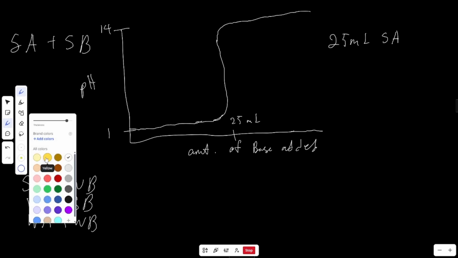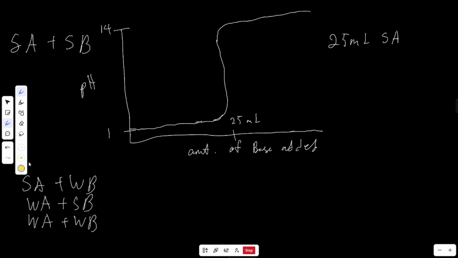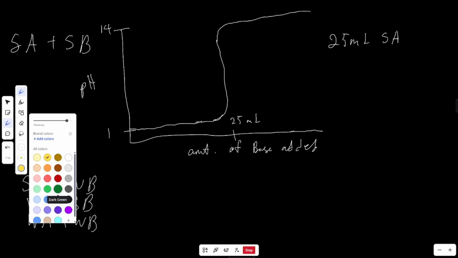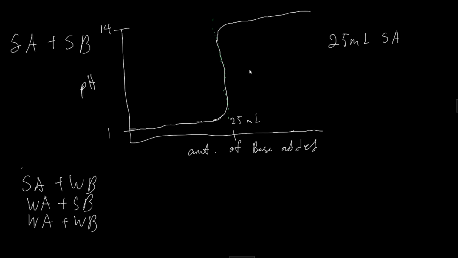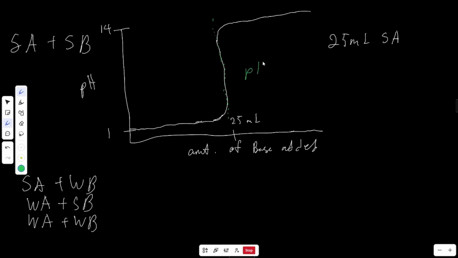Now, what's the logic behind this? In a strong acid and strong base titration, they reach an equivalence point. That's when they reach pH 7. The pH at the equivalence point is 7.